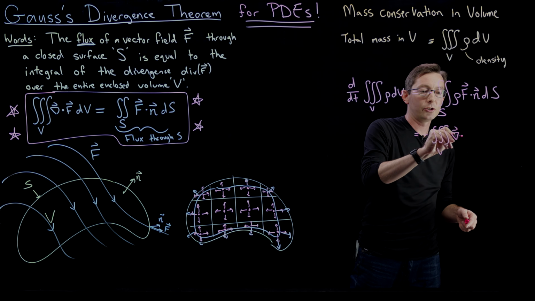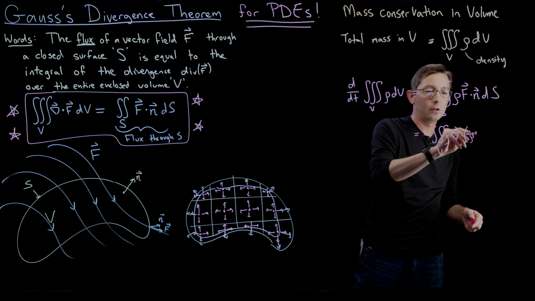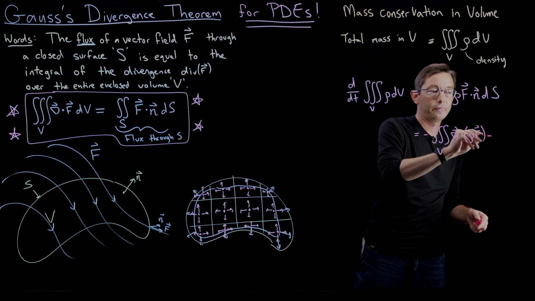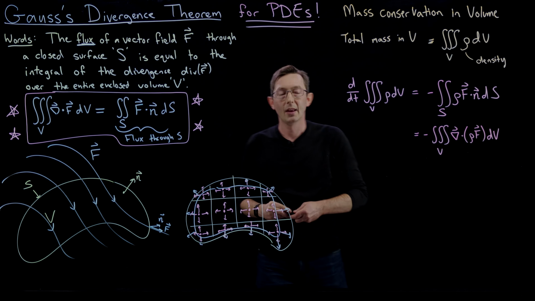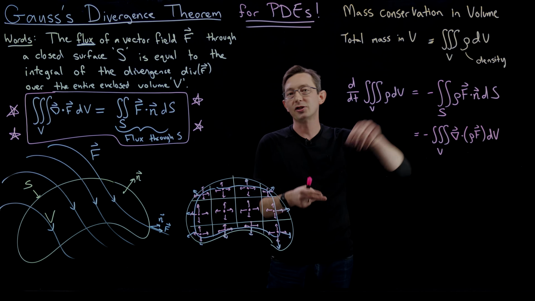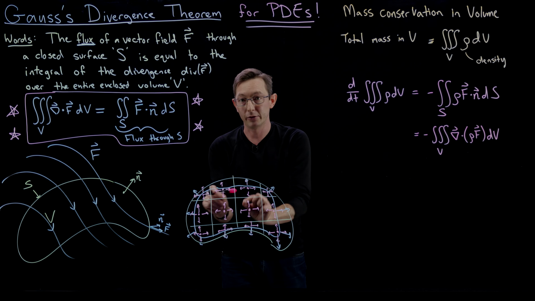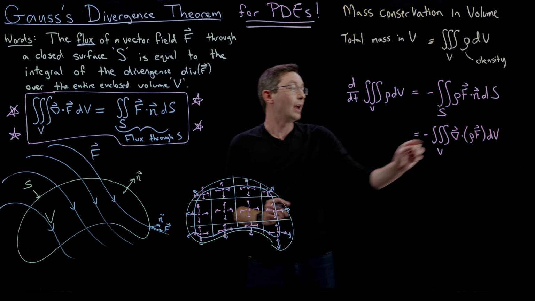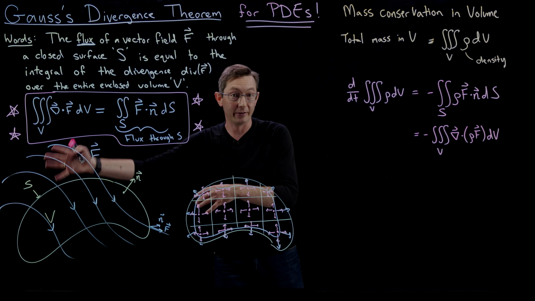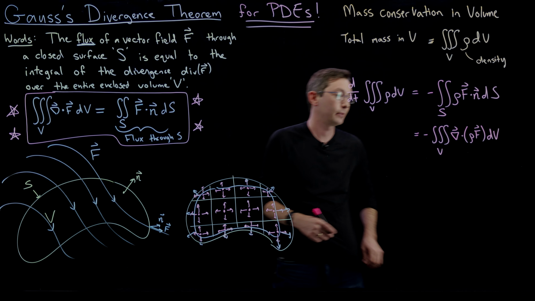So this is divergence of rho F dV. And remember, rho, my density, is just a scalar. It's just a number at every point in space, and F is a vector field. It's my flow that's carrying this mass in and out.